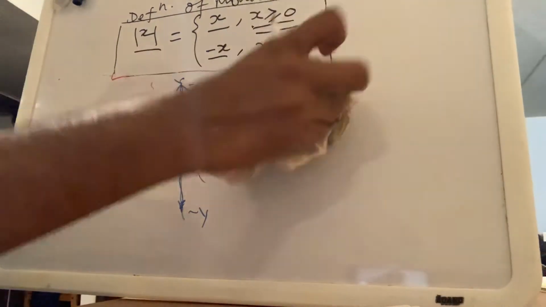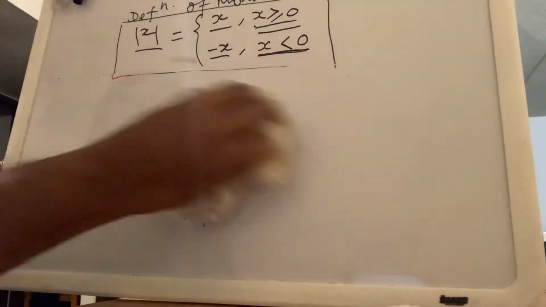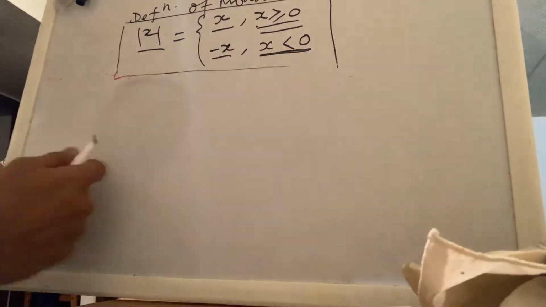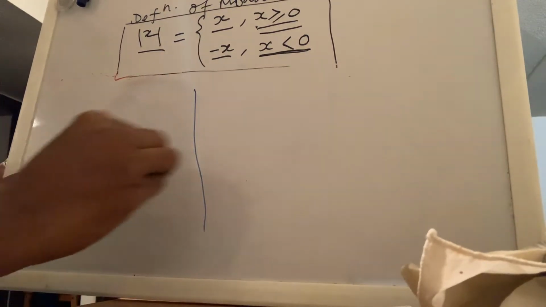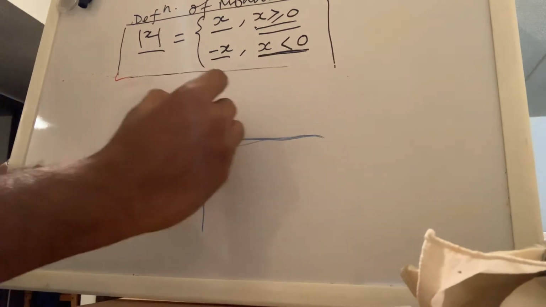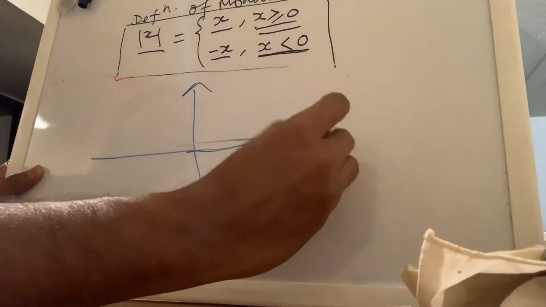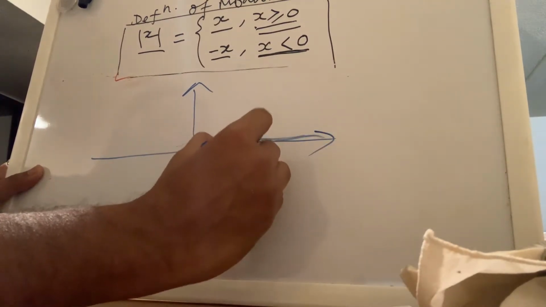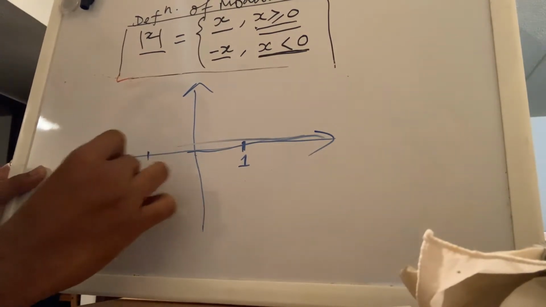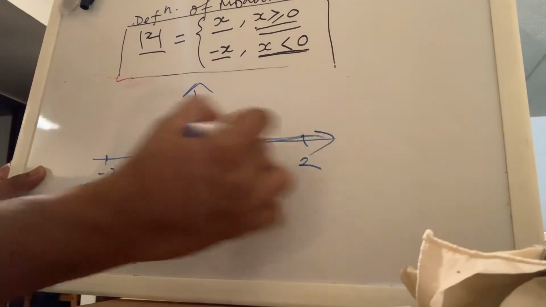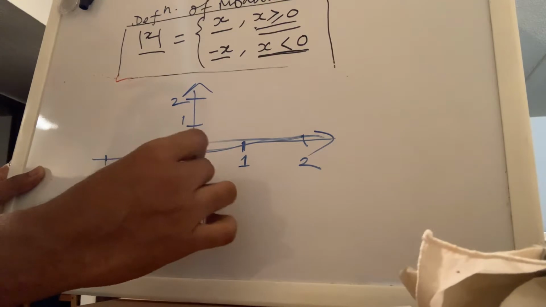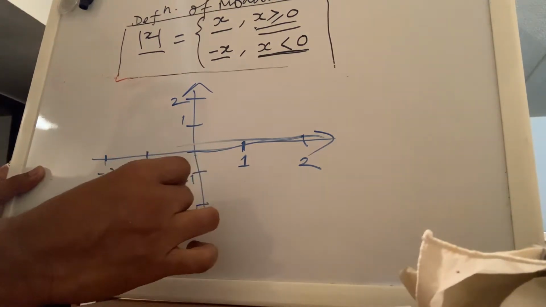Now coming on to the next thing, for example, again two vertical lines. For example, this is 1, this is minus 1, this is minus 2, this is 2, this is 1, this is 2, this is minus 1, this is minus 2.